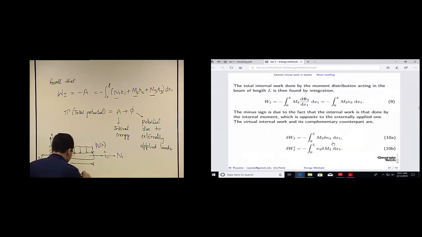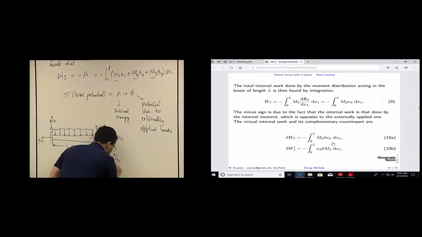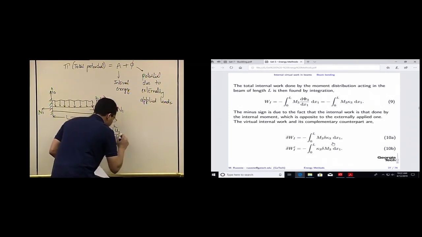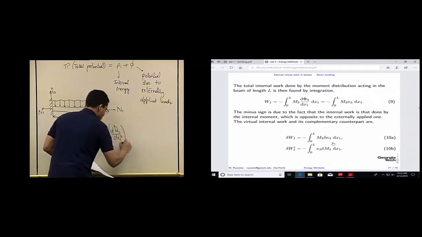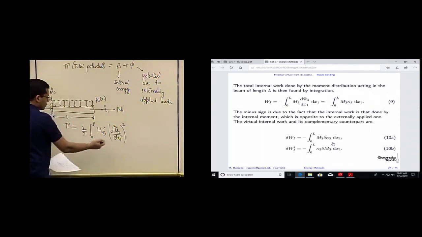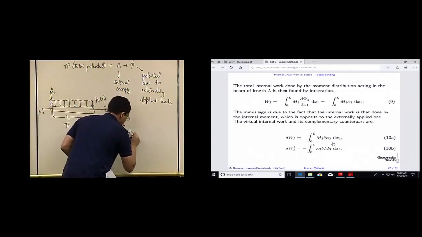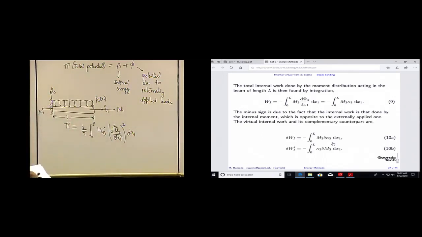So that becomes 1/2 integration 0 to L H33C d square U2 over dx1 squared whole square for the differential dx1. Okay.